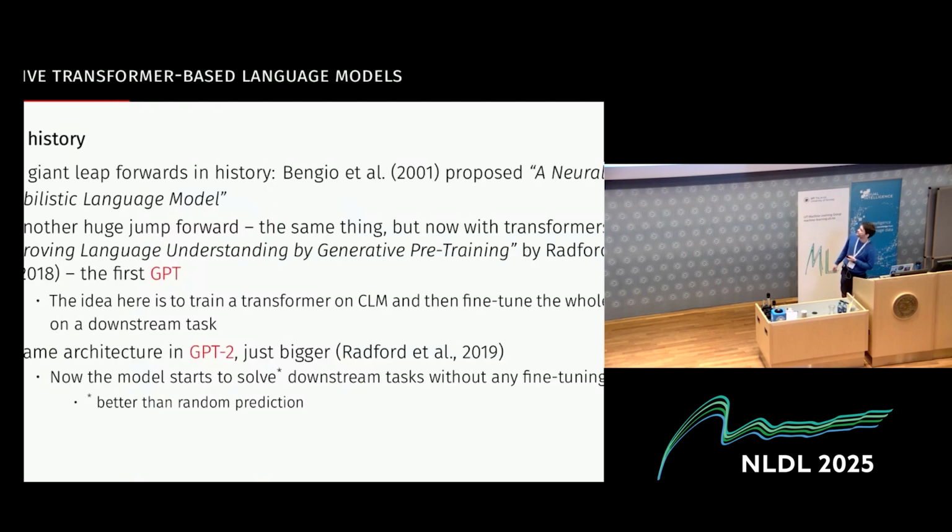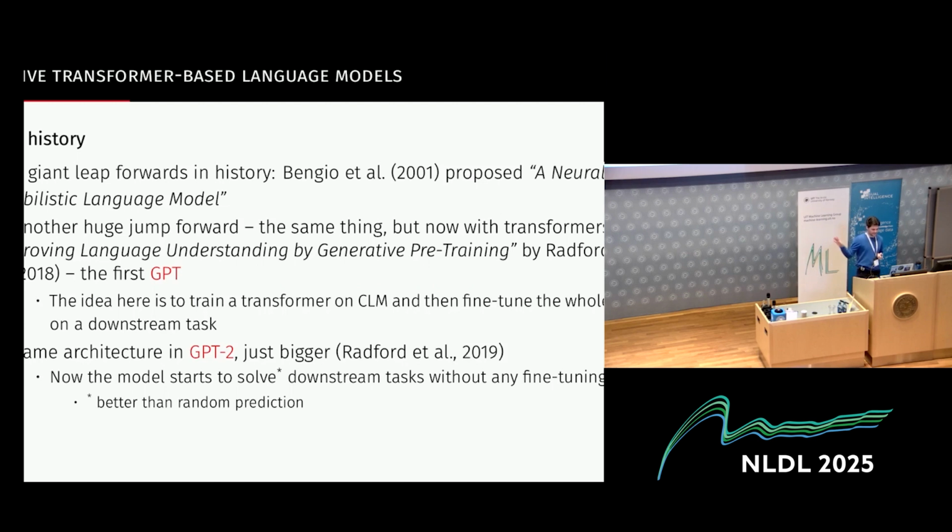Okay, so, a quick history of language modeling. We will not get into all the interesting history before neural networks, but the important part was in 2001 when Bengio proposed to solve language modeling by using neural networks for the first time, and it was a big revolution when he showed that it's possible to actually do that.